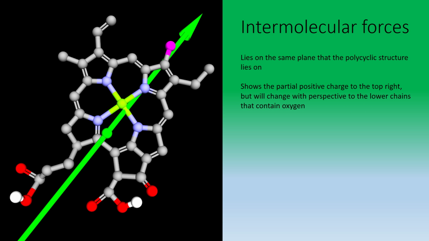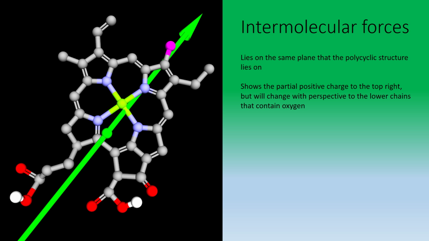Also having to do with the molecular geometry: since it is planar, there is no axis for the electronegative charges to pull in any other direction except on the same plane as the molecule itself.